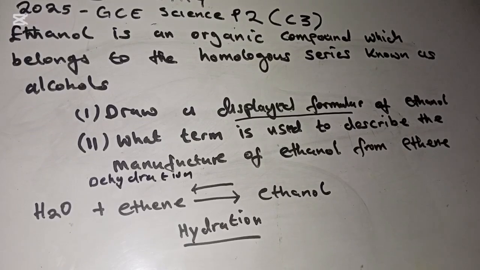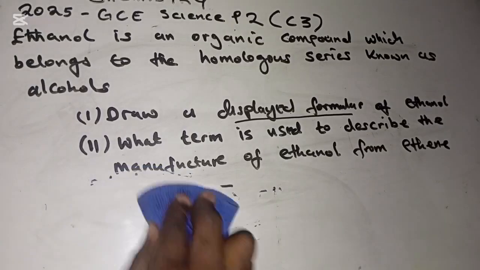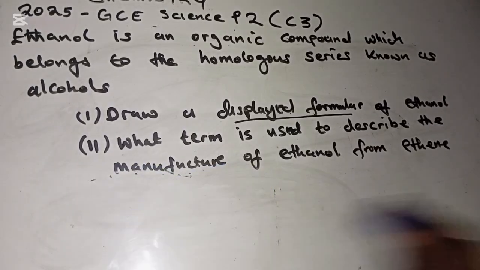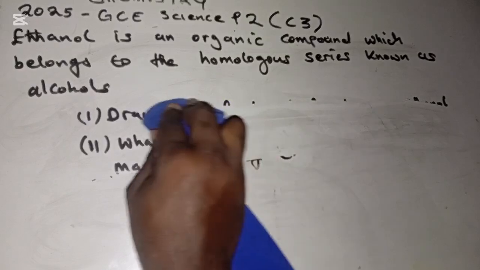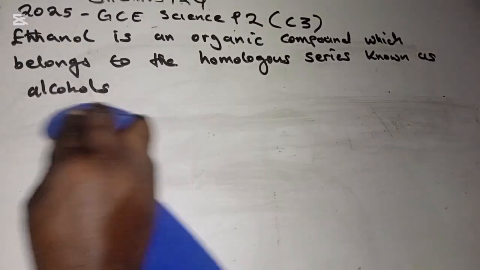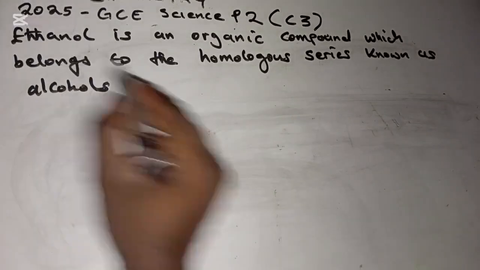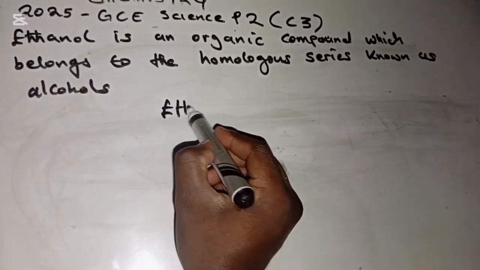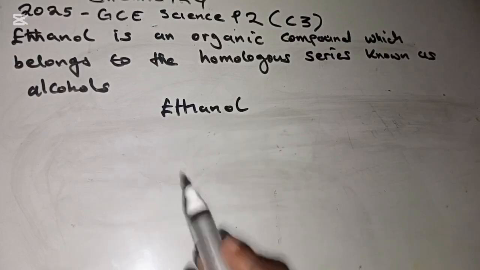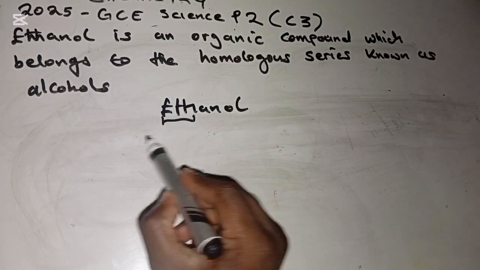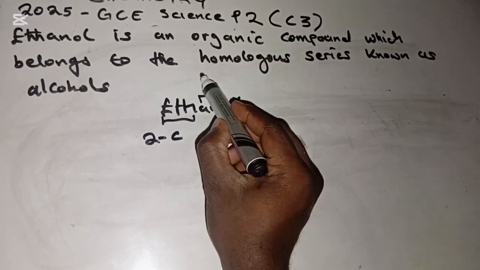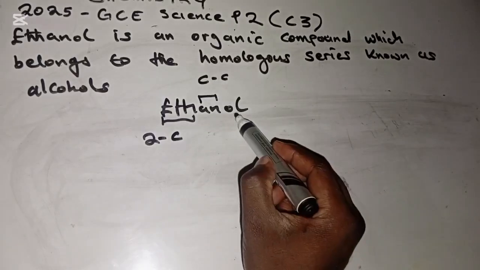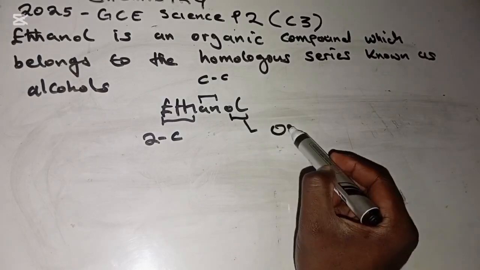So this is easy. Let's draw the displayed formula for ethanol. Ethanol is written like this. Eth simply means it has two carbon atoms. The an means there is a single bond between the two carbon atoms, and ol tells us the functional group is OH.